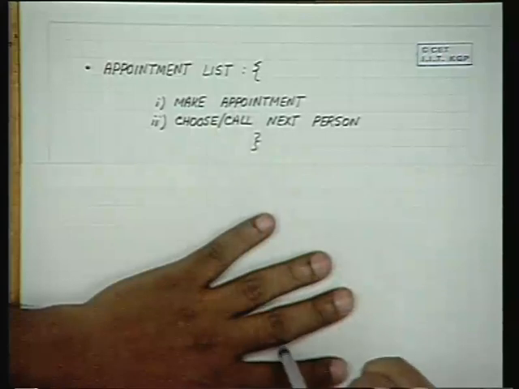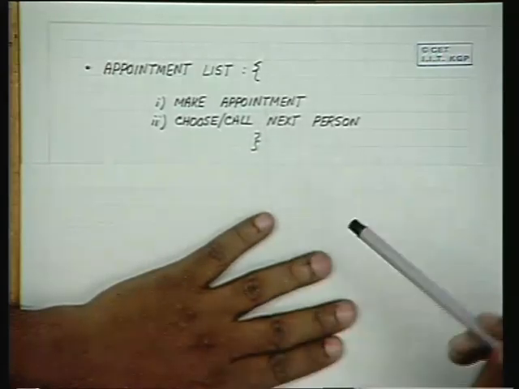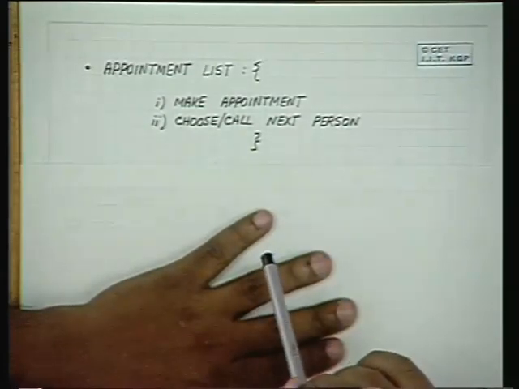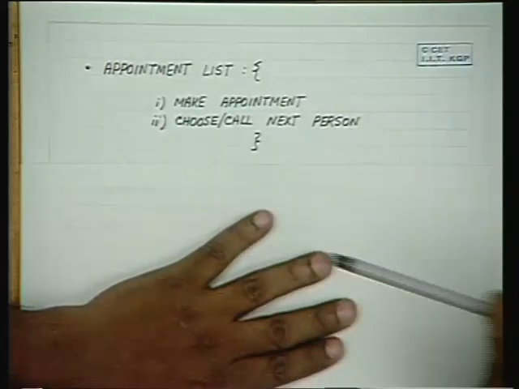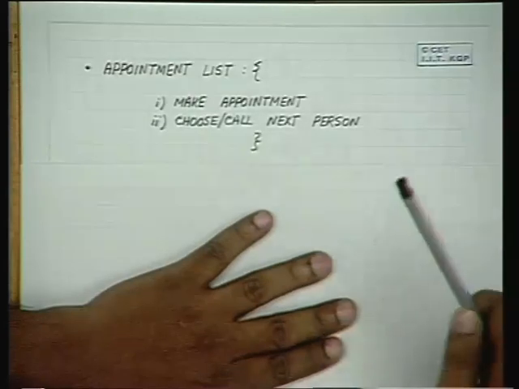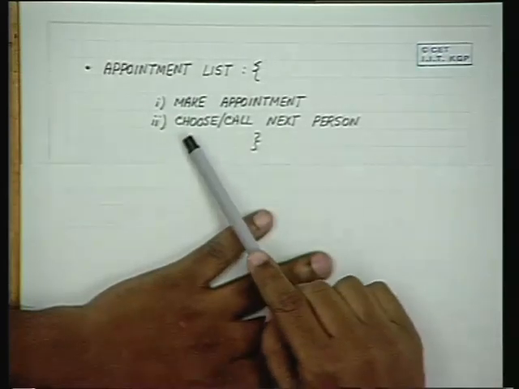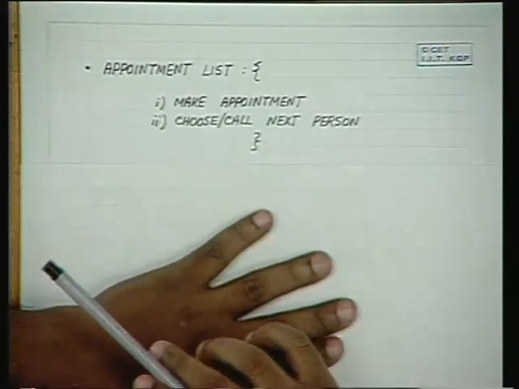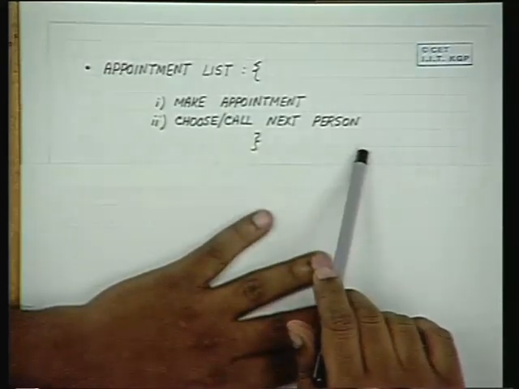In this appointment list, somebody will request an appointment, and the secretary of the doctor will make that appointment, and by the normal law of making an appointment, you will be the last person in the appointment list. And when the doctor has already seen one person, the operator will choose or call the next person. Alright, so these are the 2 operations.